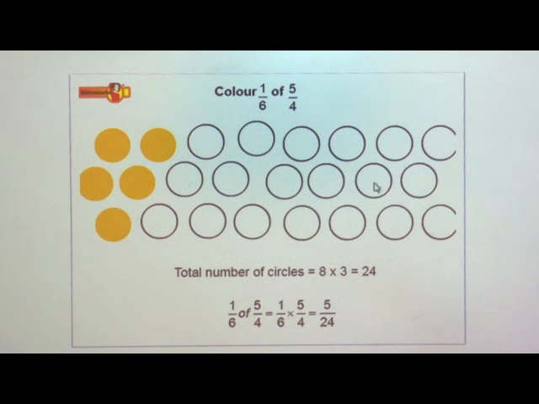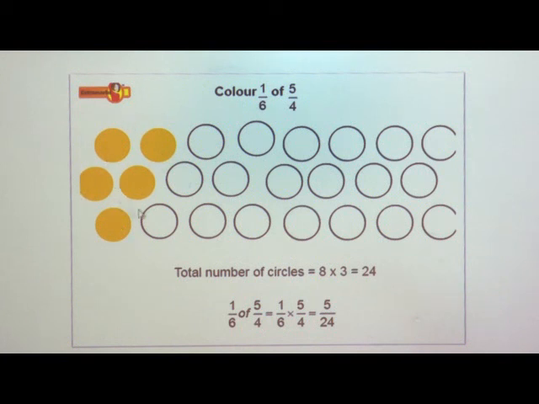We have 24 circles here. 1 upon 6 of 5 upon 4: 1 upon 6 multiplied by 5 upon 4 is equal to, yes, you are right, multiply the numerators, that is 5 ones are 5, and multiply the denominators, 6 fours are 24. So 5 upon 24: we have 24 circles, and out of that, how many do we have to color? That is 5. So we color 1, 2, 3, 4 and 5.